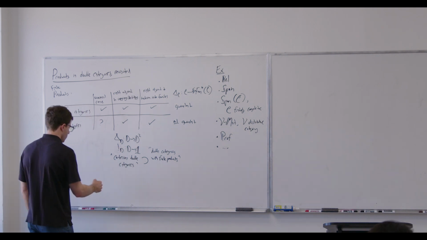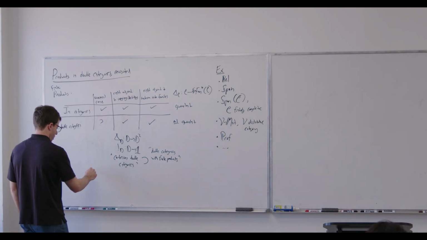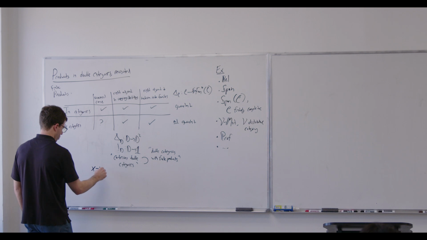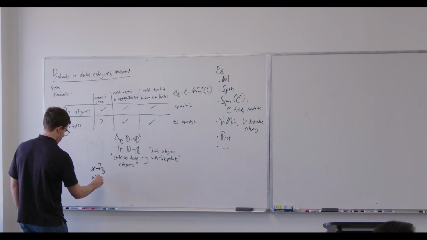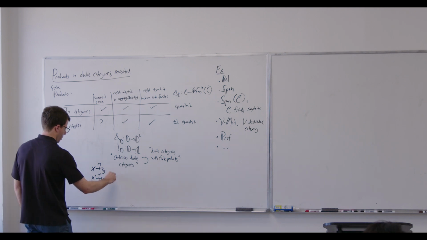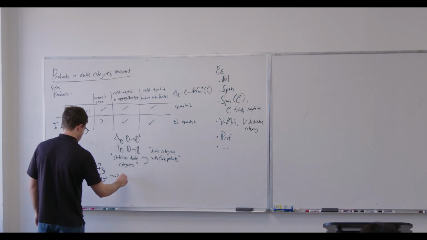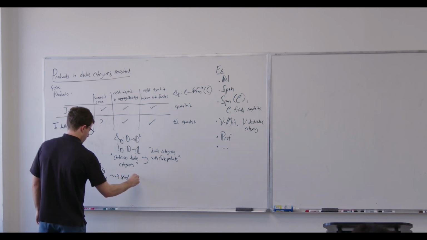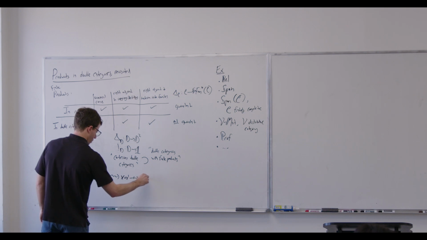So in a Cartesian double category, as we're going to see, you can take two pro-arrows, m and m prime, with different source and target, and you can form their product, which goes from x times x prime to y times y prime.